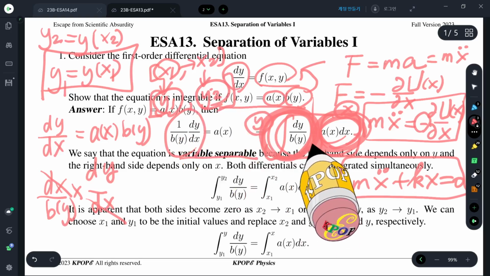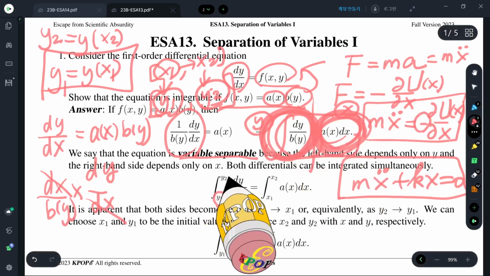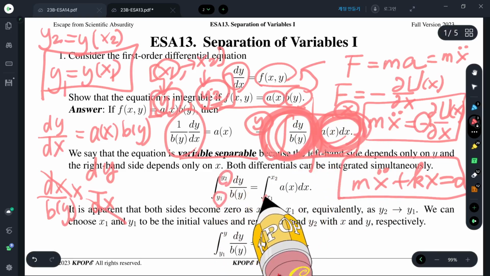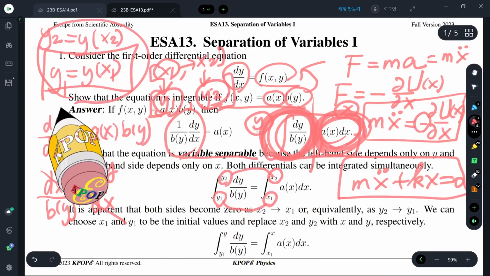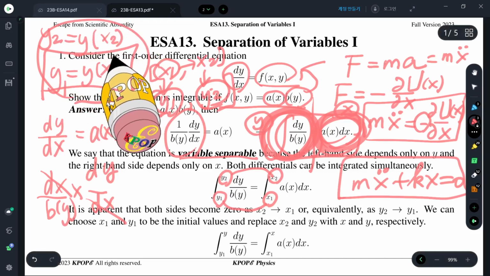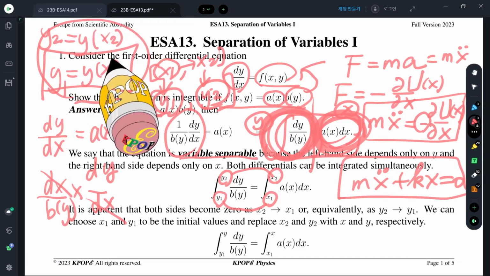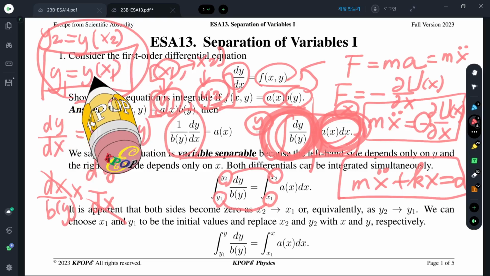So what I have done is the integral from y1 to y2 and x1 to x2, and these two are correlated by the explicit function of y. But I do not know what the function is yet.